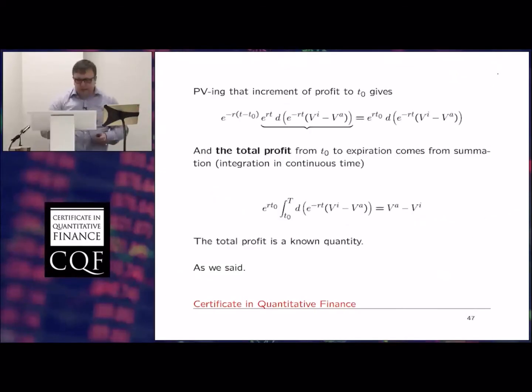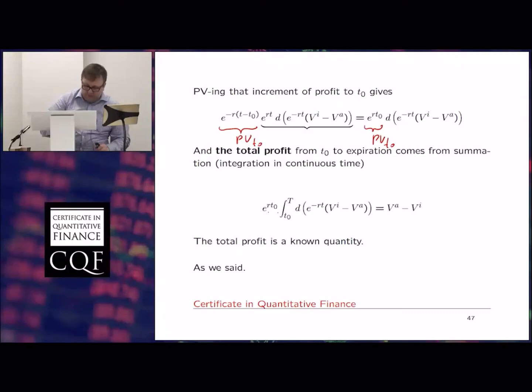Or in other words, before doing the integration, I also have to do the PV. This one is just the present value to T0. So I have the present value to T0 and my original expression, and now I actually add them up by integration.